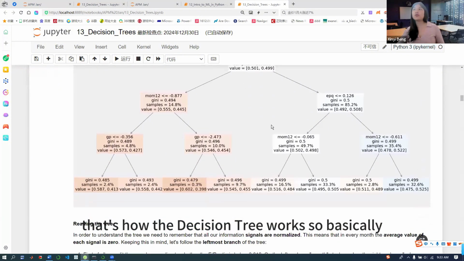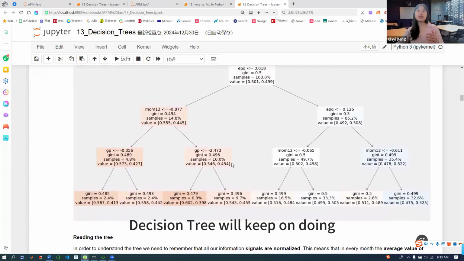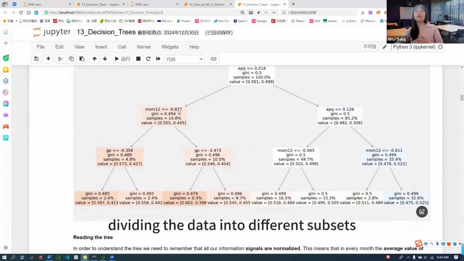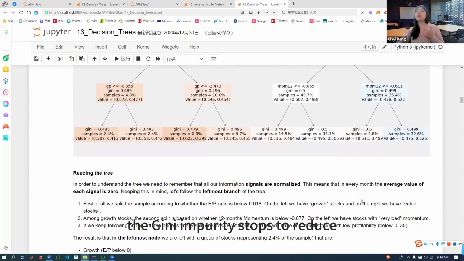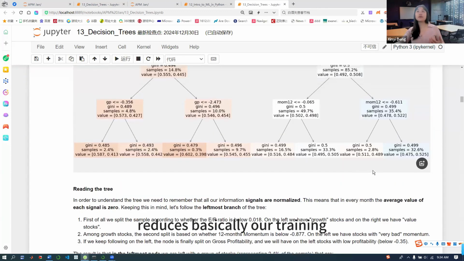That's how the decision tree works. So basically, the decision tree will keep on dividing the data into different subsets until the Gini impurity stops reducing. When Gini impurity no longer reduces, our training will stop.